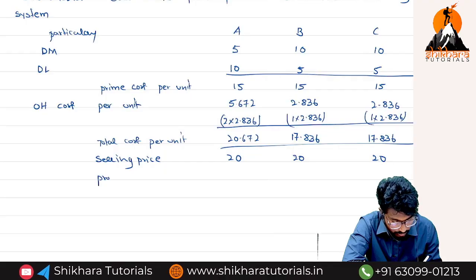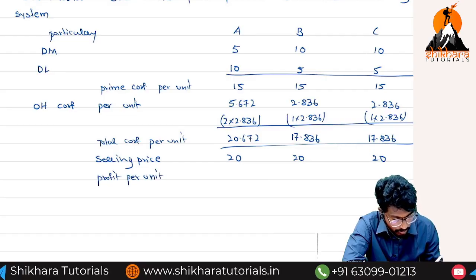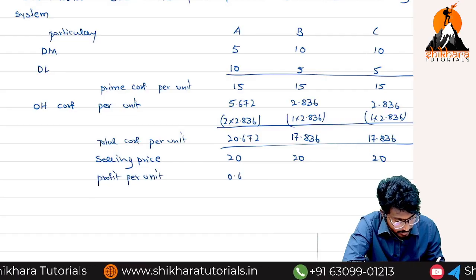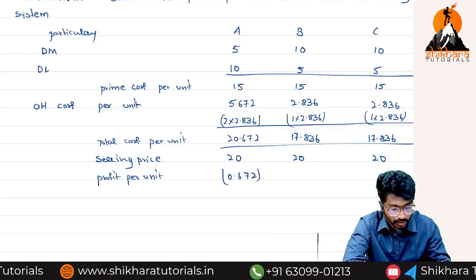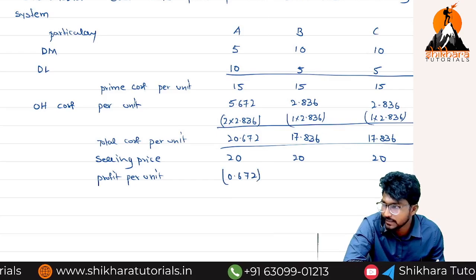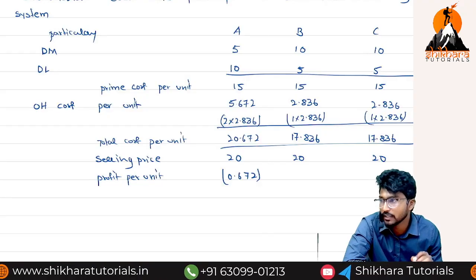Profit per unit: 0.672 loss. If I mention something in brackets in costing, that is a loss, that is a negative figure.